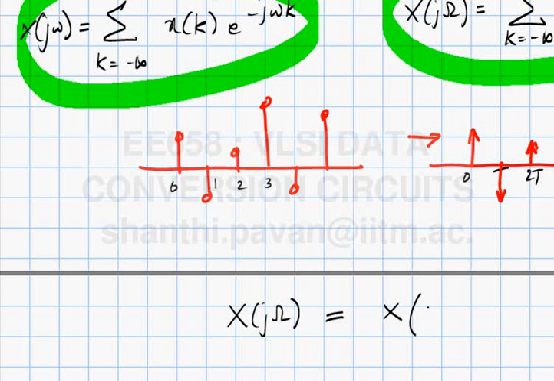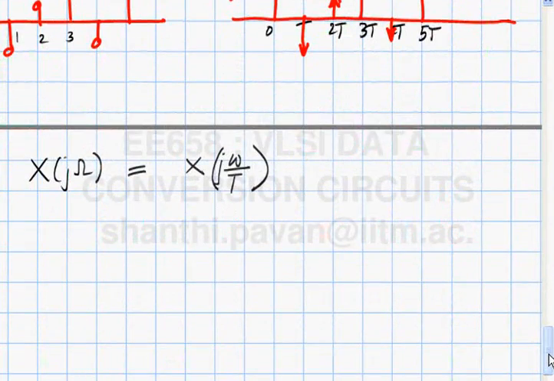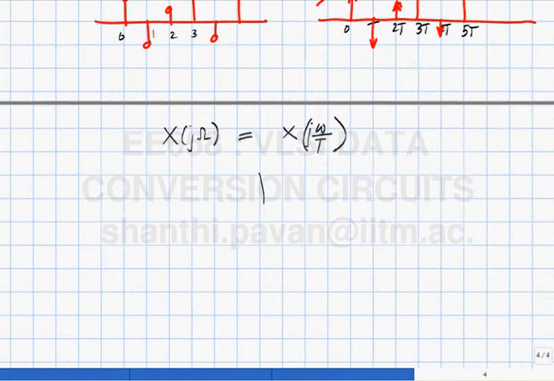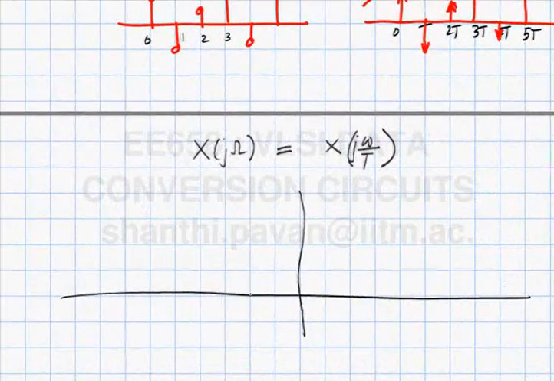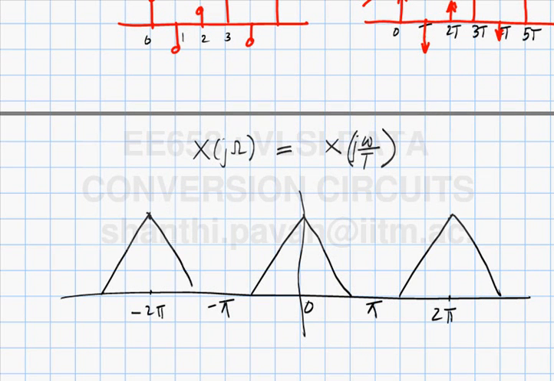X of omega by T. In other words, to look at the spectrum, we only deal with real signals, right? So if this was, say, pi, the discrete time spectrum, as you all know, is periodic with a period of 2 pi, okay.